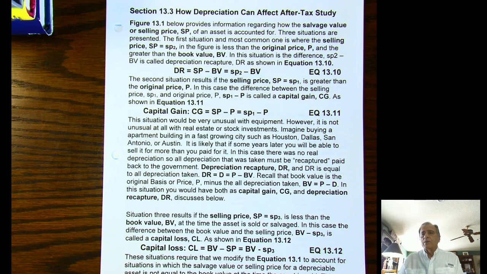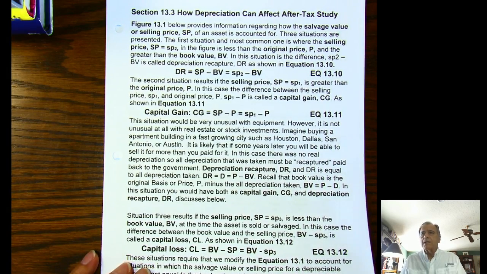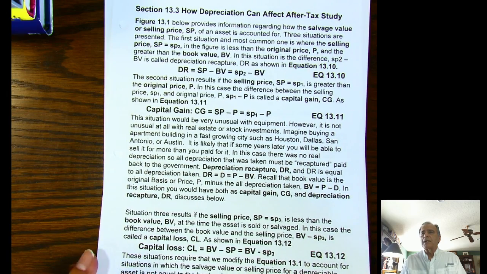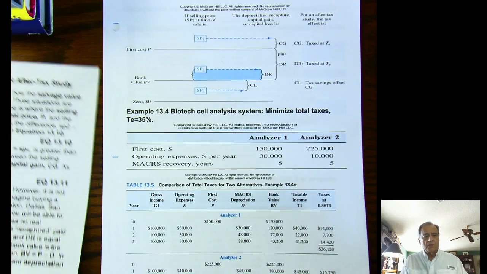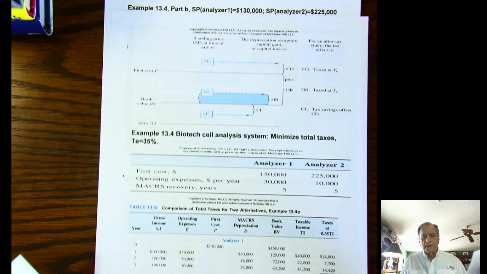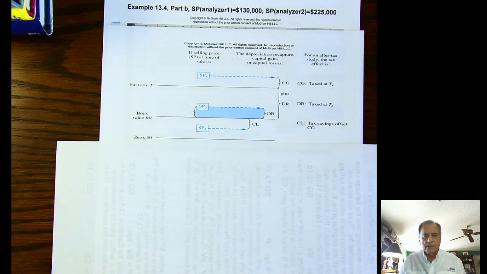So the remaining value is called the book value. And there are three possible situations when you sell the asset, and we're going to cover each of those. But I'm going to show you a graphic first that describes these three situations.